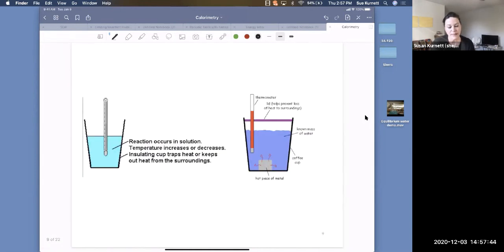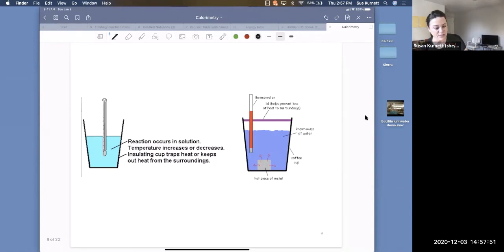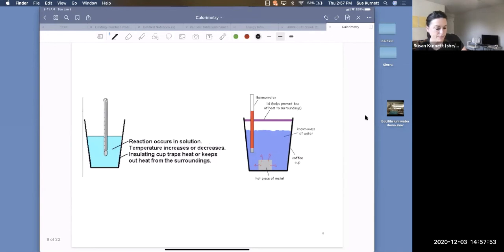So in a coffee cup calorimeter, we typically have these three ideas. We can have a reaction happening in solution, or we can have a solid dissolving. In Chem 3B, you'll do it with a reaction. And in my example video of a cold pack, I'm doing a dissolving.